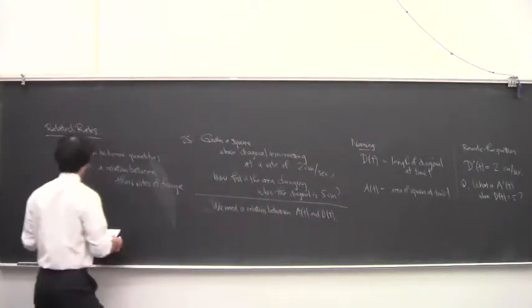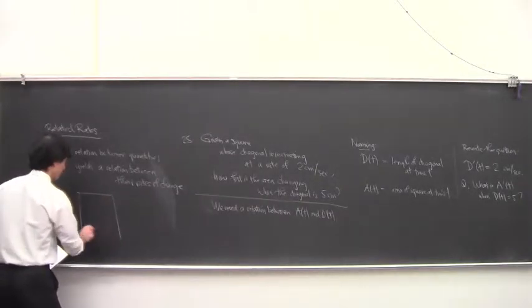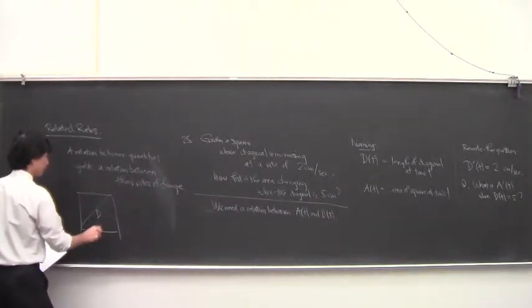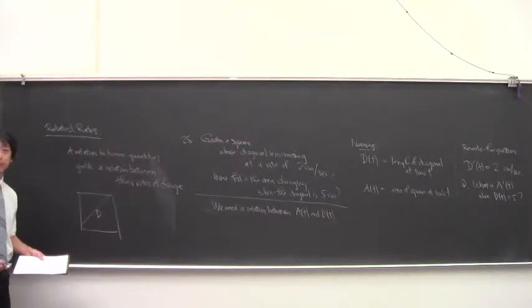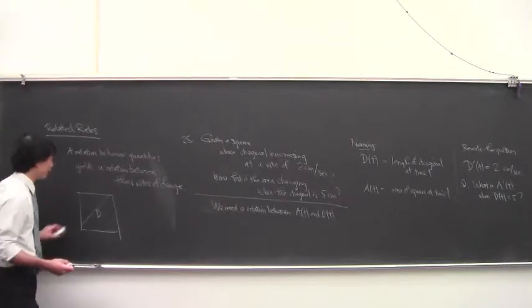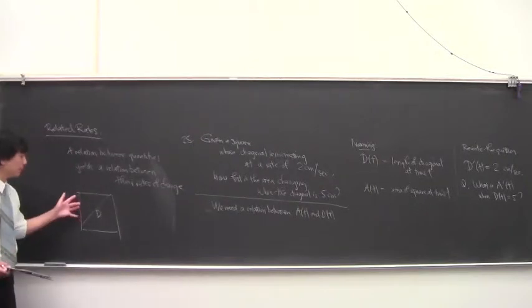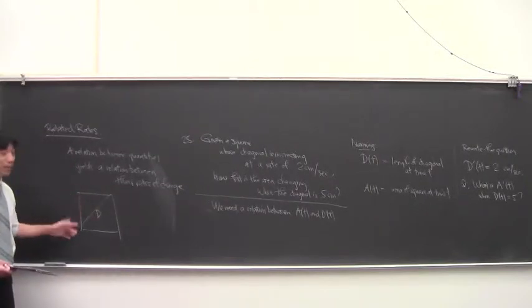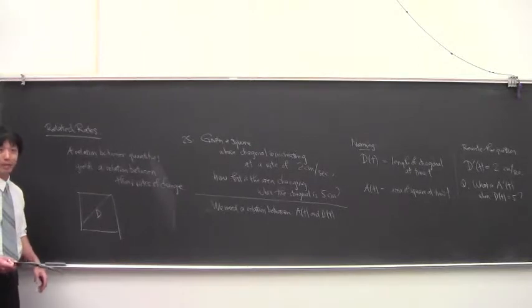If you know what the diagonal is, do you know what the area is? We already gave it to you last time, but can anyone see immediately a relation between diagonal and area?